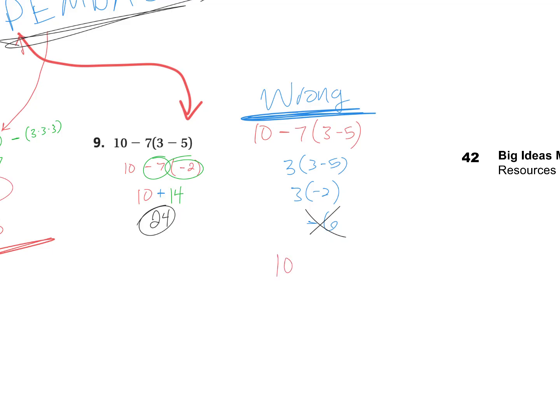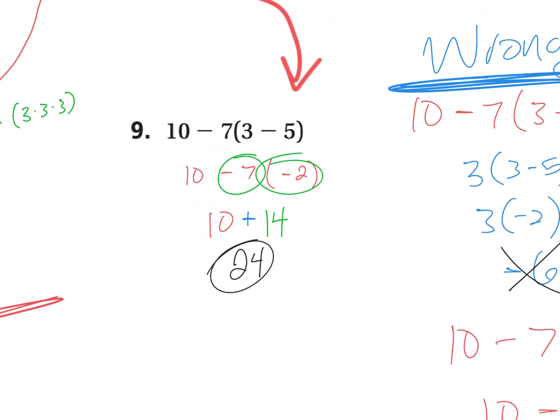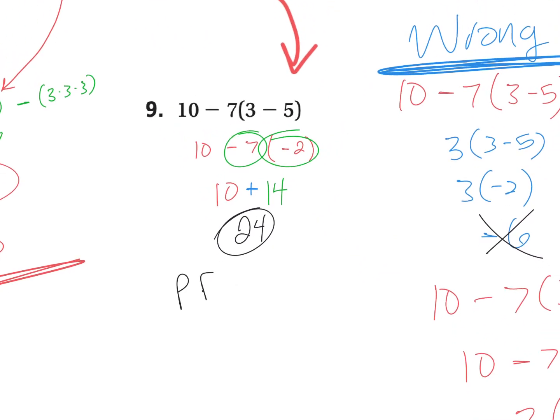Let's see another wrong way. What if you had said, oh, okay, 10 minus 7, and then I see that this is negative 2, but you still decide to do 10 minus 7? Well, you'd get 3, and 3 times negative 2 is still negative 6, and that's still wrong. I'm sure there are other wrong ways we could have done this, but let's just focus on the right way: you do parentheses first, then exponents, then multiply, then divide, then add, then subtract. Okay?